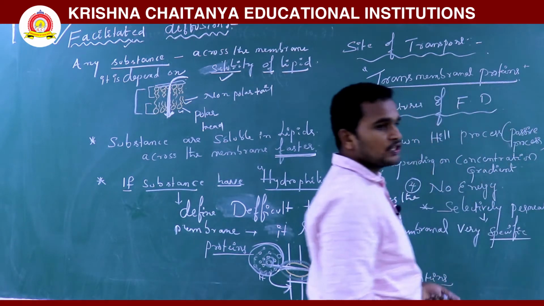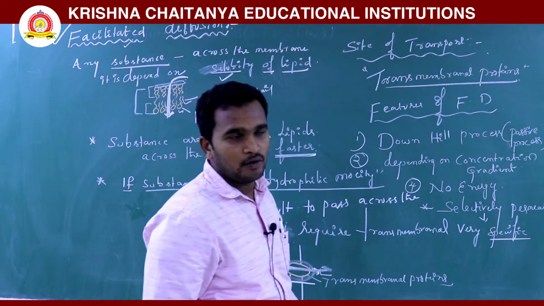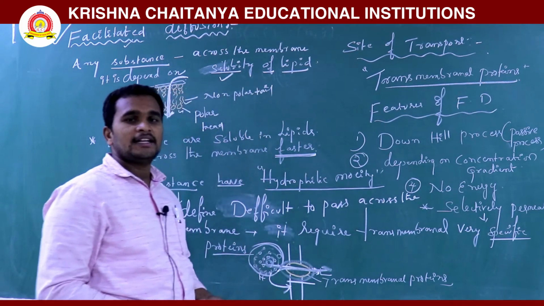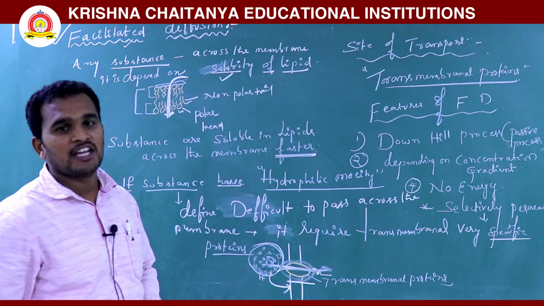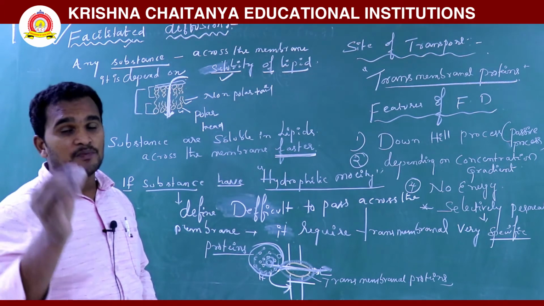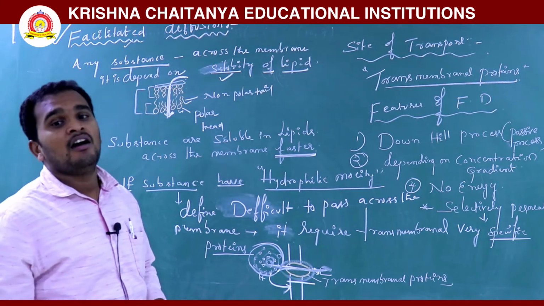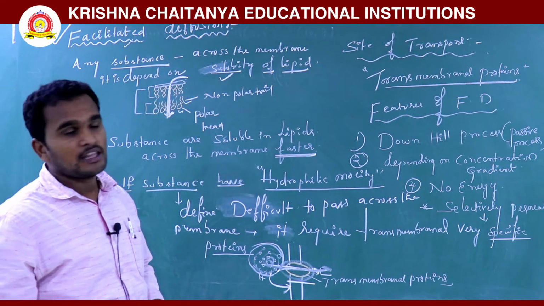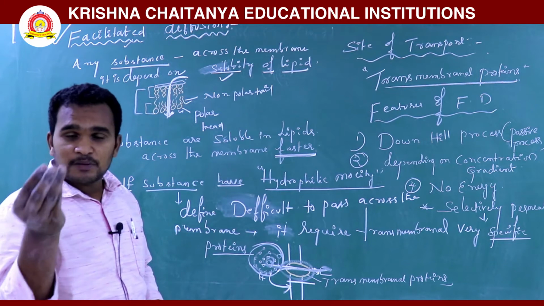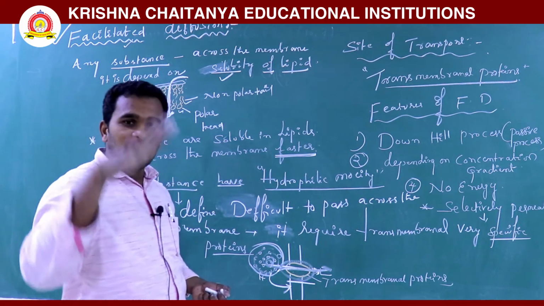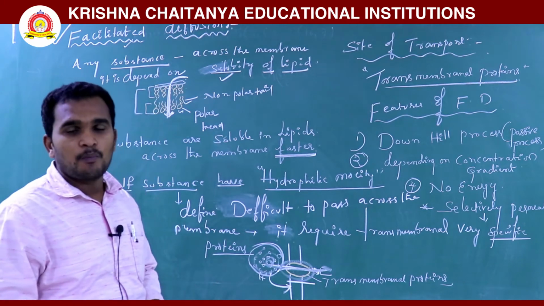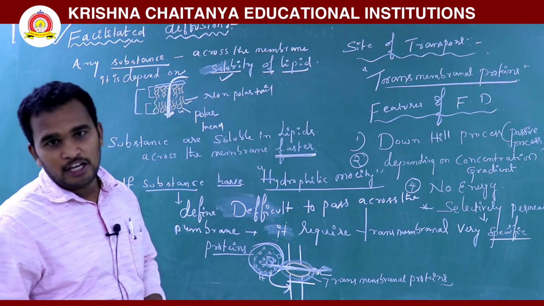It allows only selected molecules or selected substances. The remaining substances are not allowed. If they were allowed, those substances would inhibit the function of the protein. The substances react with the protein, and then the function is inhibited.